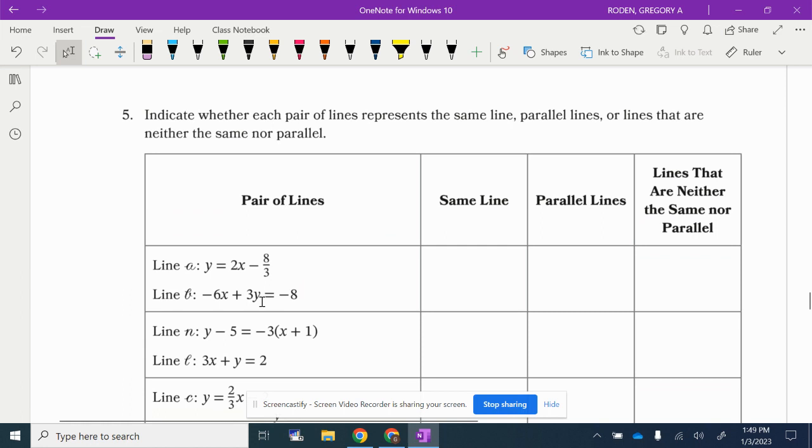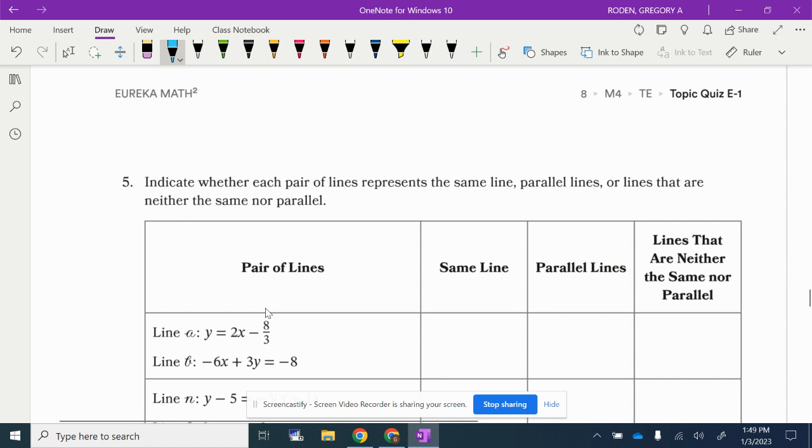Indicate whether the lines represent the same line, parallel lines, or neither. Okay, so here's the deal. Let me just write a little key here. If they're neither, all that we care about is that the slopes are different.